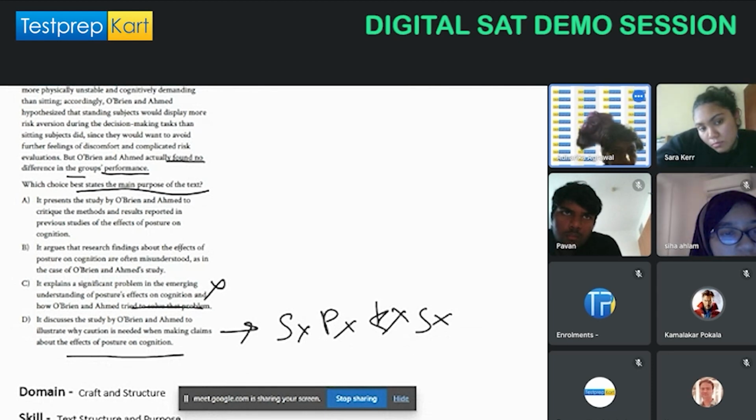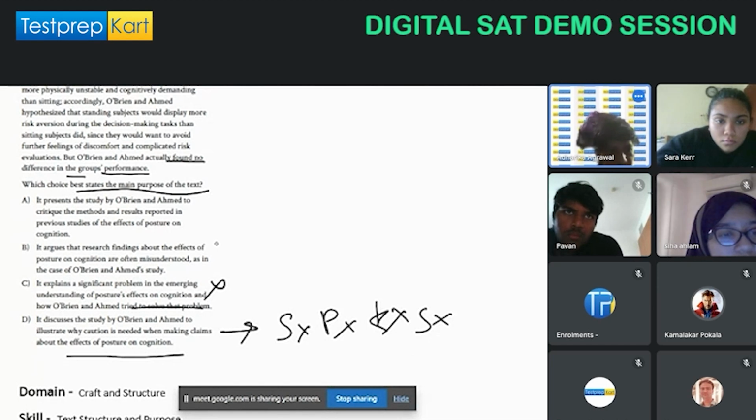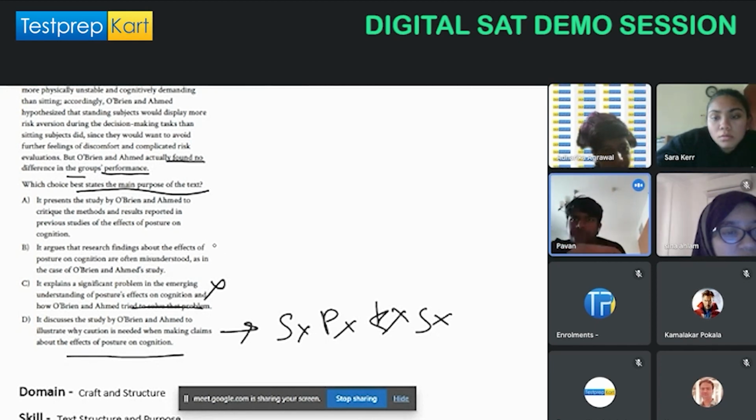That they have been misunderstood about the effect of posture on cognition. How many of you want to go with this? I would go with this one.